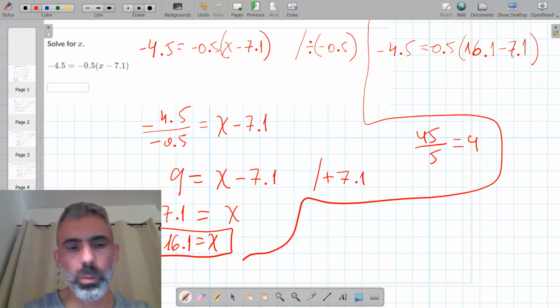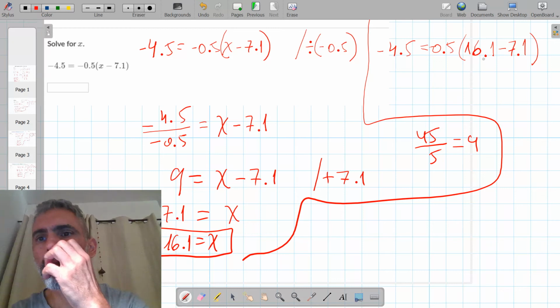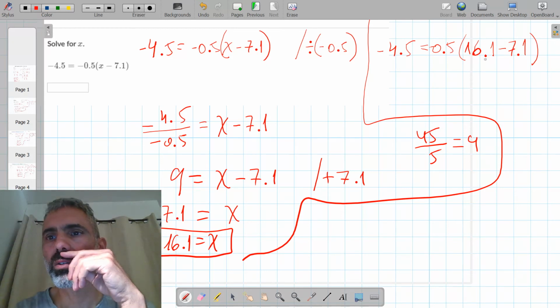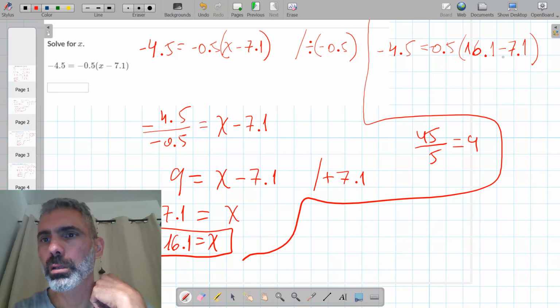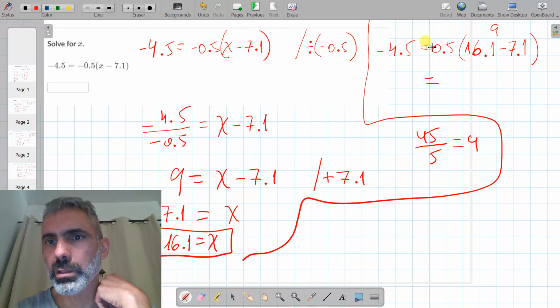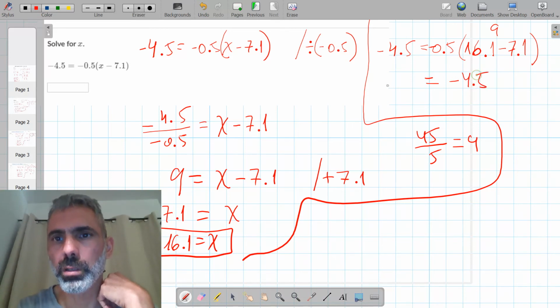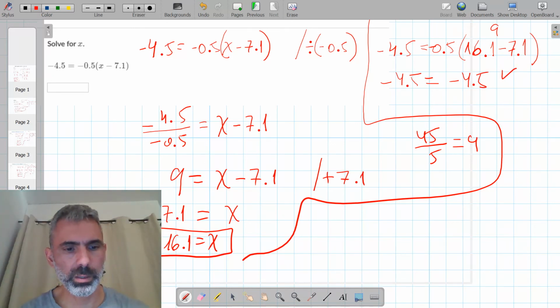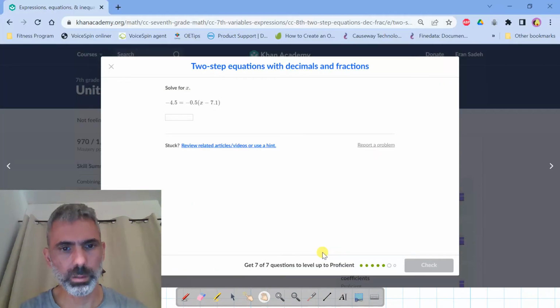Okay, so within the parentheses I have 16 minus 7 is 9, and 0.1 minus 0.1 is nothing. So I have here minus 0.5 times 9. 1/2 of 9 is 4.5, and the result is negative because I have minus 0.5 here. So it's minus 4.5, and it equals minus 4.5, which is correct, which means that x is indeed 16.1.